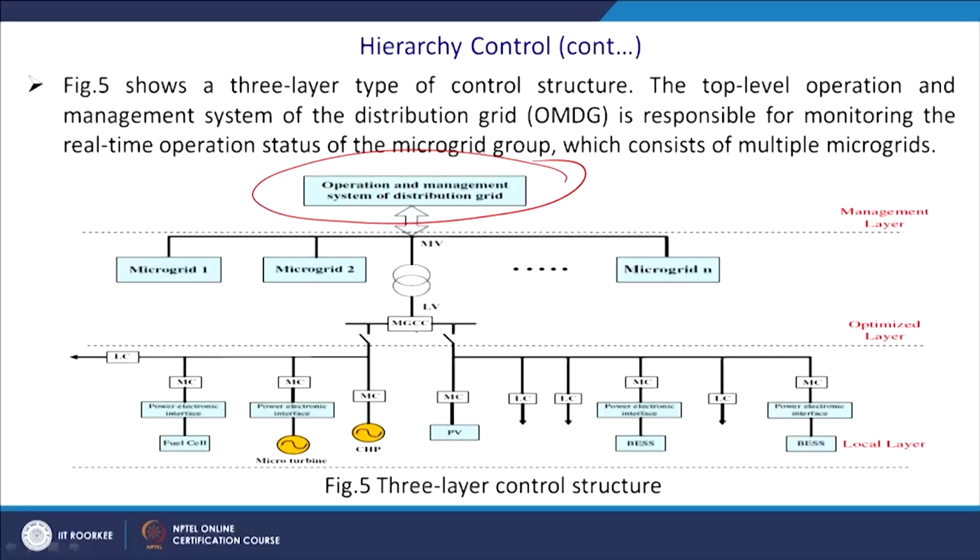Thereafter, you have a low voltage side, and in between you have a microgrid controller. So, there are so many controllers. With that there is a local layer, and this layer is an optimized layer, and accordingly you can switch on a different mode and decide which layer is to be considered.